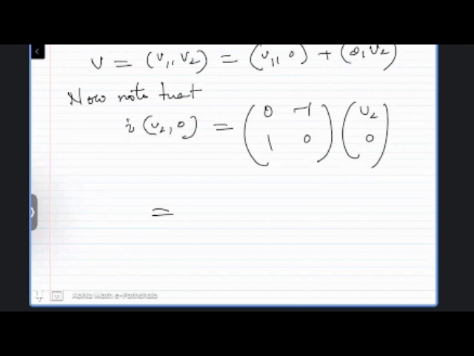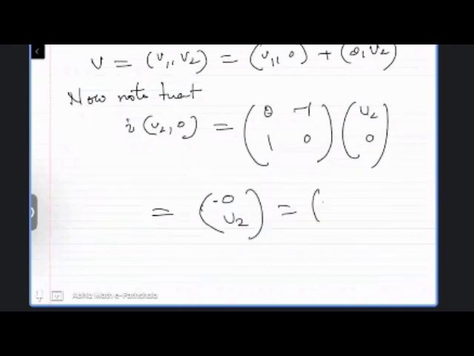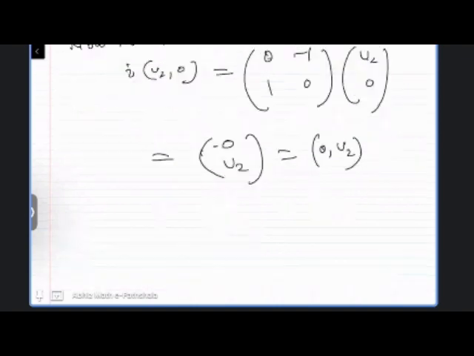This 0 is the vector 0 in V, the real vector space. Then what is your resulting vector here? It is 0 into V2, this is 0. Very good. And this is V2. Okay, very good. So that means it is 0 comma V2. So I times V2 comma 0 has been transferred to 0 comma V2.